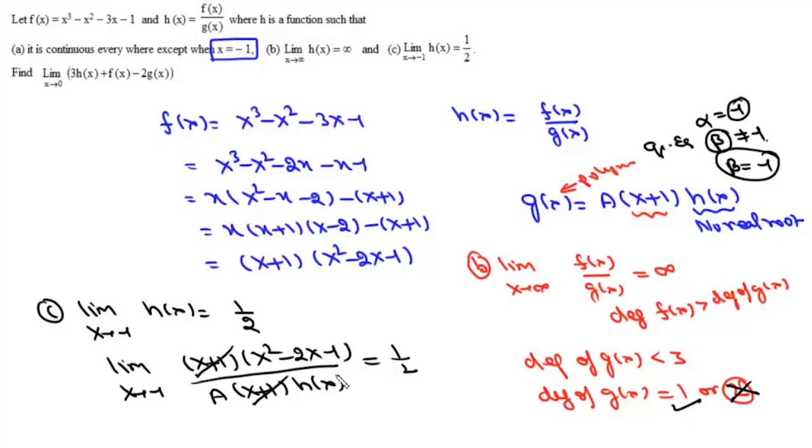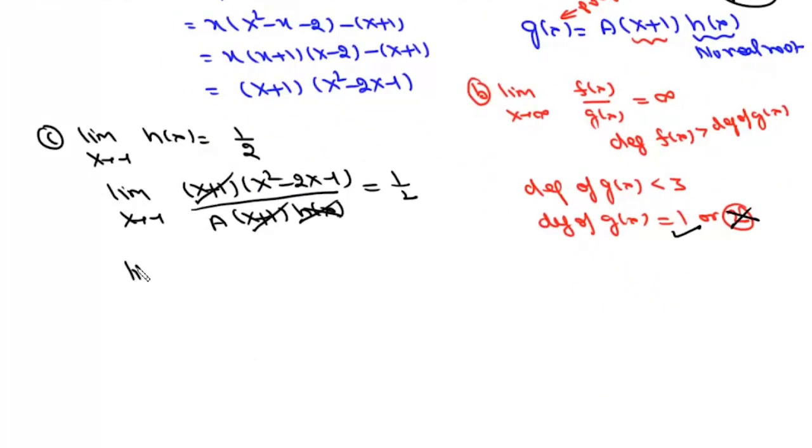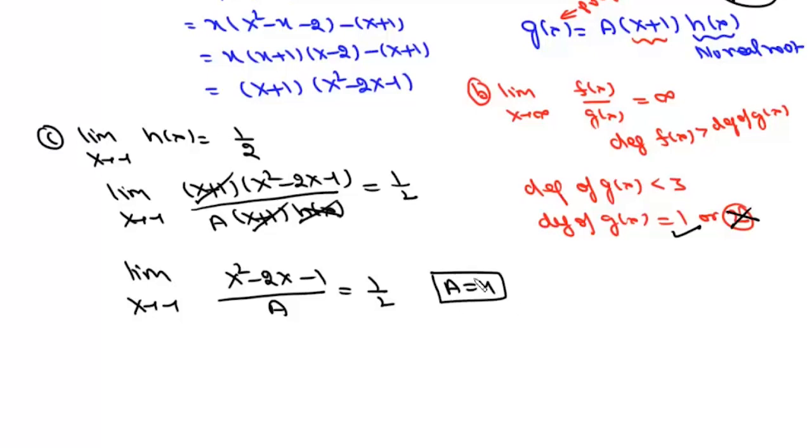So if degree of g(x) is 1, there is no extra function in this expression. So from here we can say this limit x tends to minus 1, (x square minus 2x minus 1) upon a, must be equal to 1 by 2. Now if we put x as minus 1, it will be 2 upon a equals 1 by 2. Value of a must be 4. So from here we get value of a as 4.